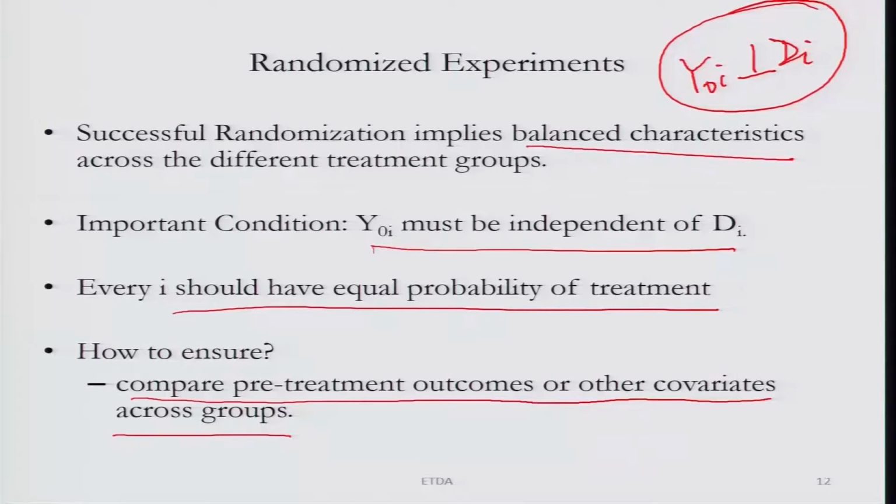That actually is a substitute for not being able to check the difference between y naught i in the treatment and the control group. So, once again, in the absence of y naught i, what you would be doing is checking x naught i, or various x naught i's, between the control and the treatment groups.